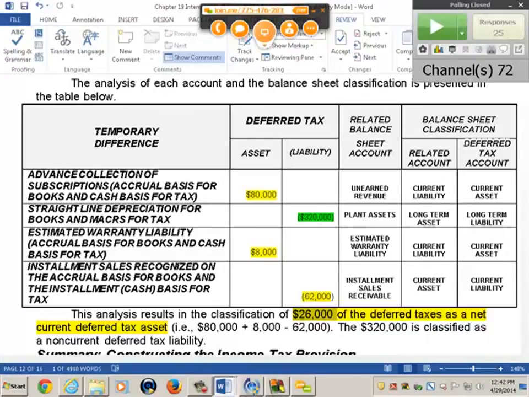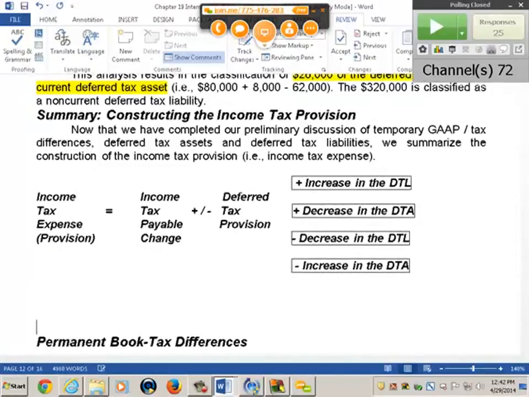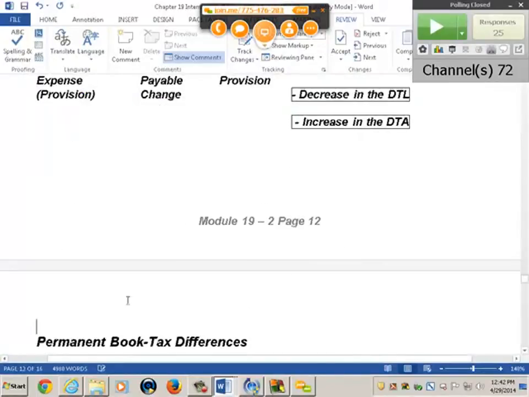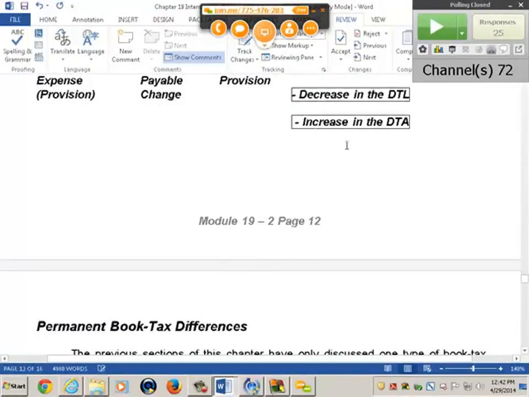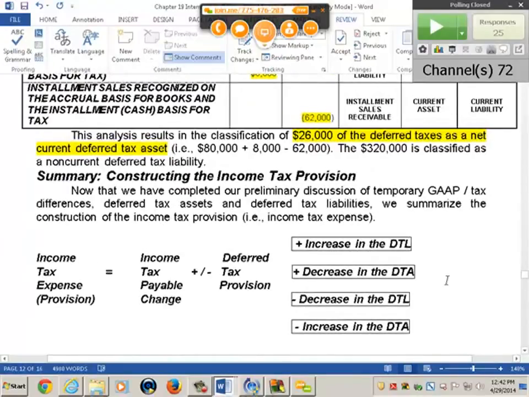Again, nothing too difficult, but just something a little different or unusual, I think, that we want to be sure that you are aware of. And one of the last, we're going to do permanent differences in just a second, but one of the last memory aids or rubrics to look at.